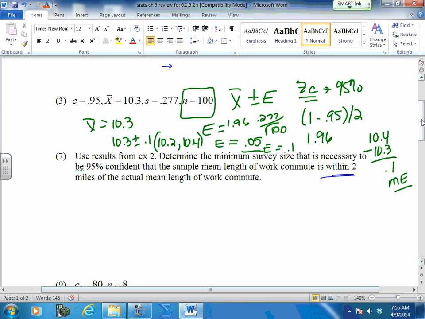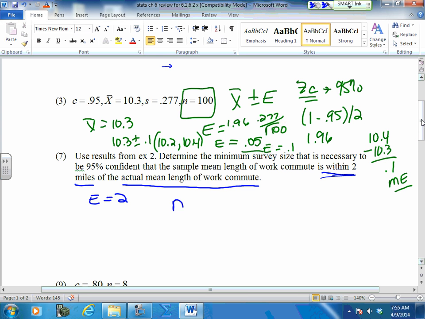Now, your results from example 2. Example 2 said, determine the minimum survey size that's necessary to be 95% confident that the sample mean length of work commute is within 2 miles of the population one. There's your margin of error, within 2.